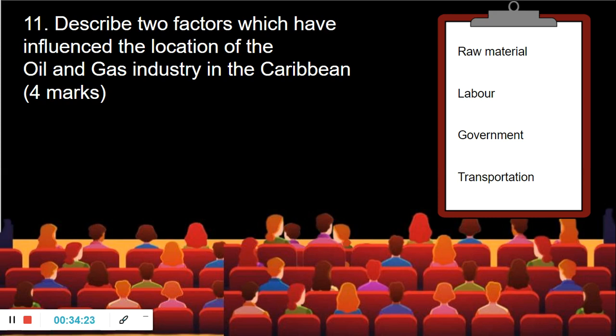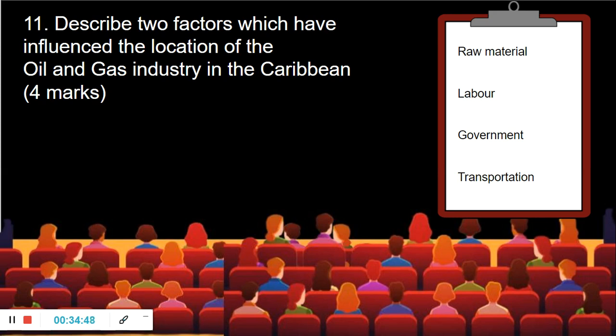We could talk about labor. This type of industry needs a variety of labor, but a lot of skilled labor is necessary. The advantage that Trinidad and Tobago has is that it has an educated workforce so that labor can easily be provided.